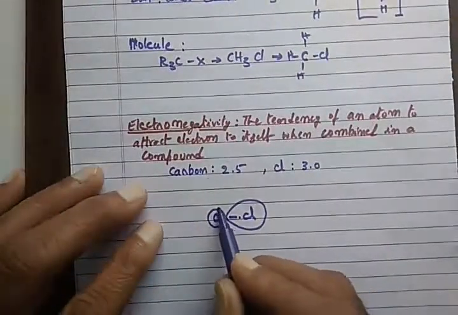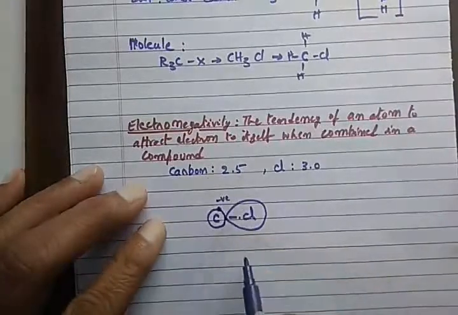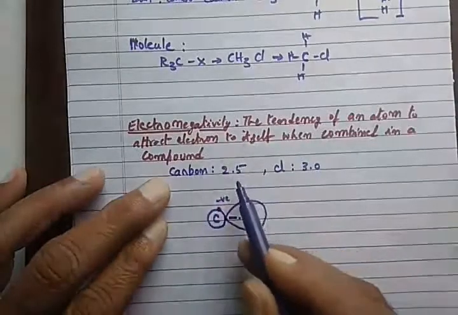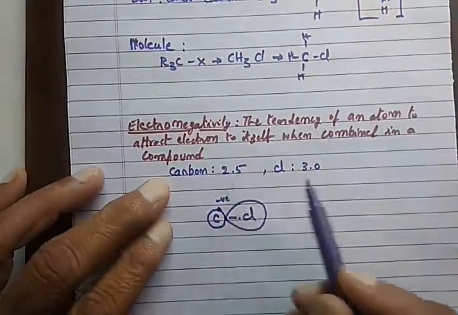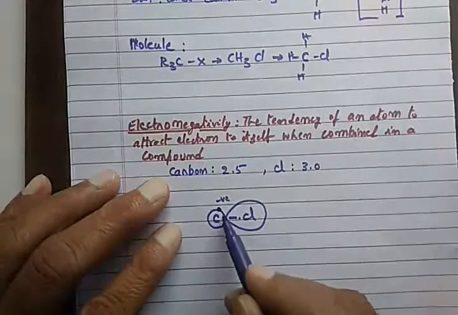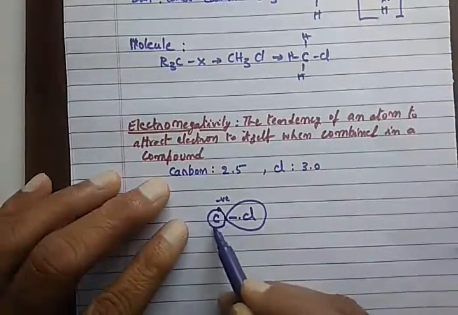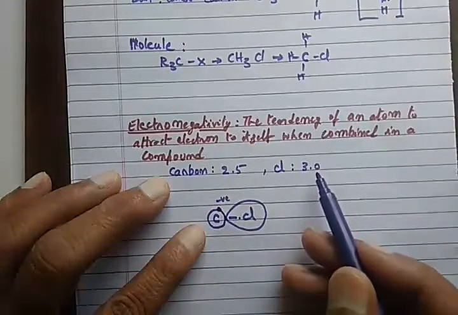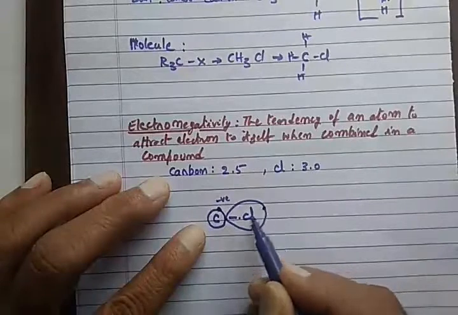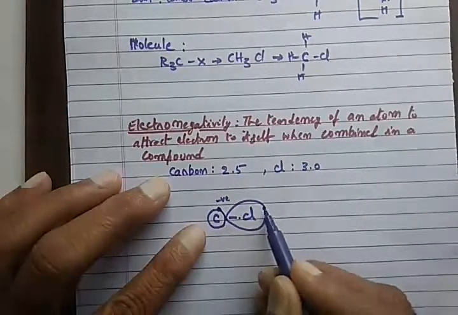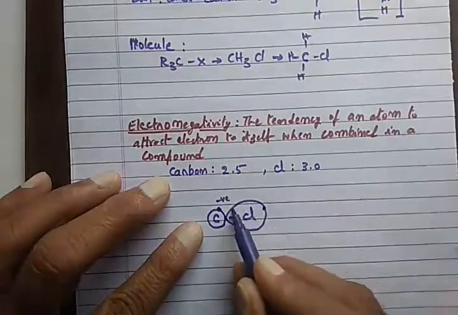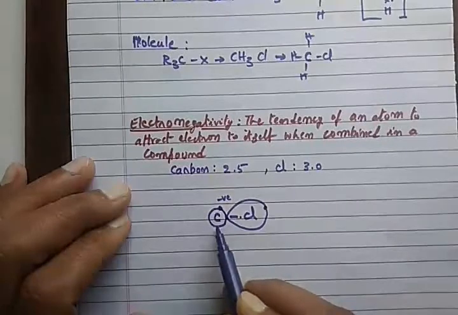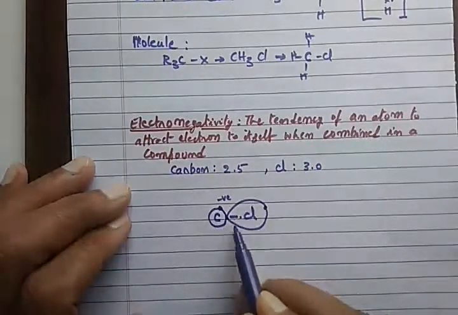See, the electron is negatively charged, and because the electronegativity of carbon is comparatively less than chlorine, the electron is less attracted here, so it quickly goes around this carbon. Chlorine is more electronegative, so it has more attraction to the electron. It takes more time here, and then it goes around the chlorine. So from outside, the electron is less time around carbon and more time around chlorine.